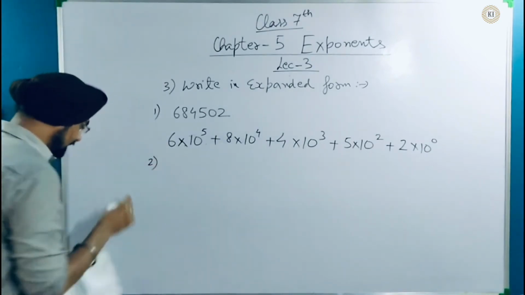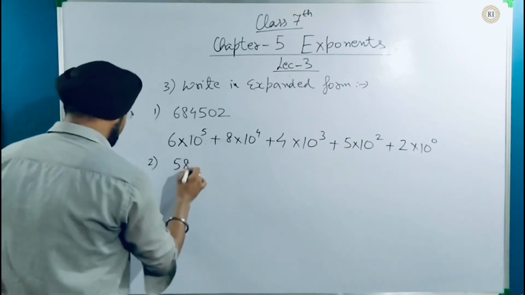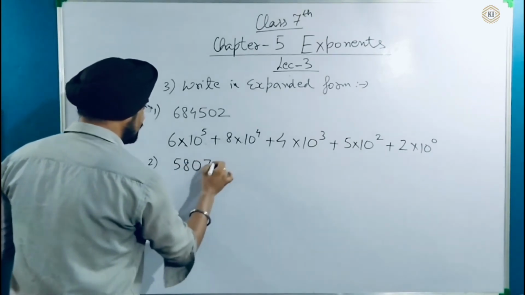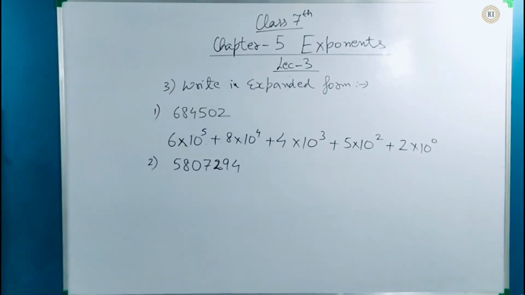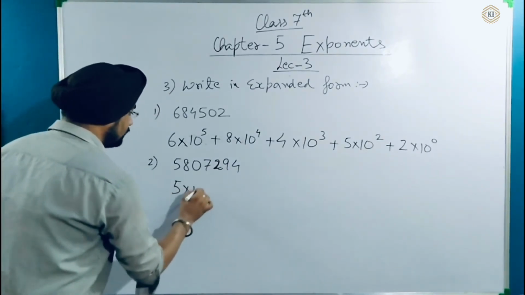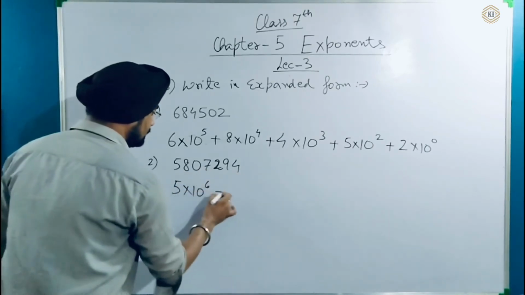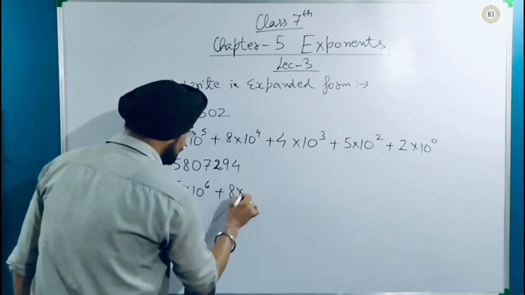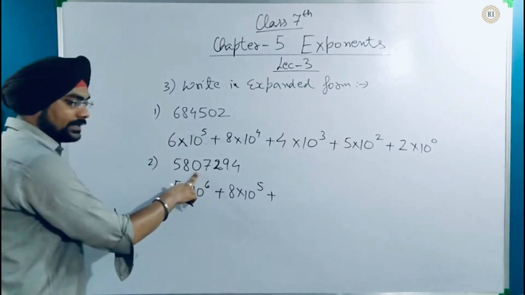Second question is given as 5807294. We have to express this number in the expanded form. Again we write from here 5 into 10 to the power 6 plus 8 into 10 to the power 5 plus 0 into 10 to the power 4.